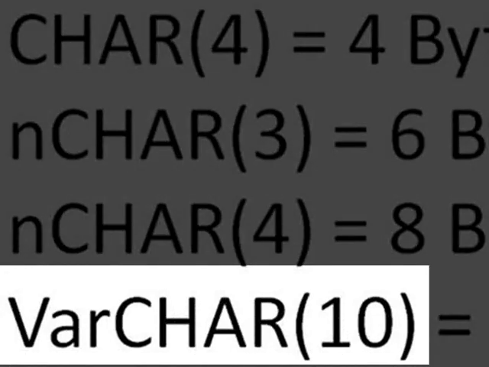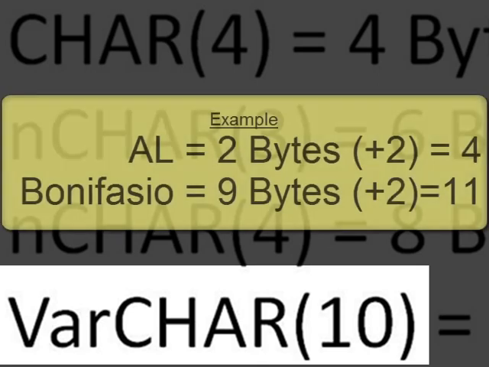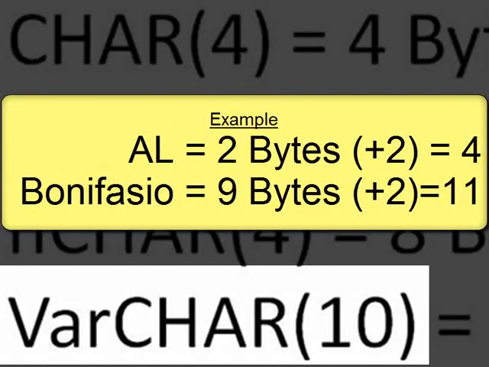Now, let's go back to the regular characters that take up 1 byte per character. And let's give it a varying length, like a varchar 10. Perhaps some words are going to be 10 letters long and some are going to be 2 letters long. How much does a varchar 10 consume? Well, it takes up 2 bytes to have a variable length, and then it takes 1 byte per character.